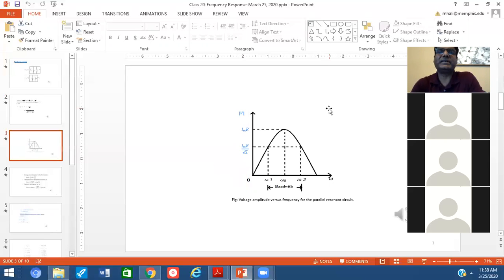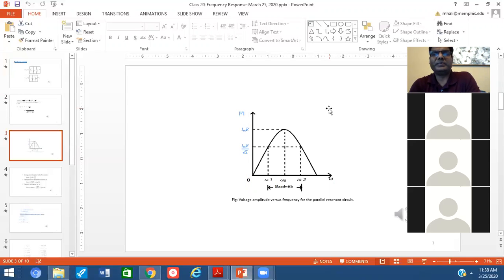Okay, so see this voltage amplitude versus the frequency for the parallel resonance circuit. Likewise the series resonance case, here also there are 3 points on the omega axis. One is omega naught, which is the resonance point.